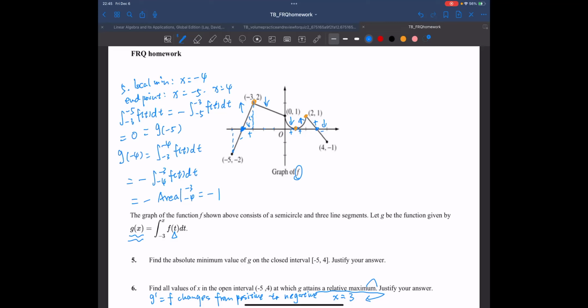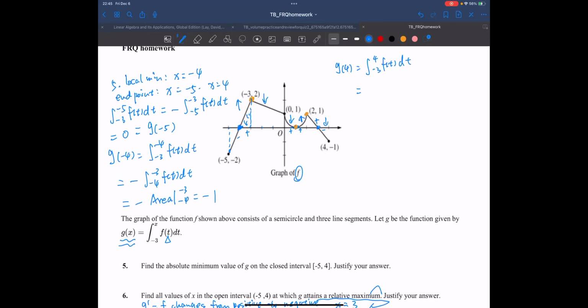And about the value of g of 4, you can see it is obviously positive, right? From -3 to 4, the area is 9 over 2 plus 2 minus pi over 2 and plus 0.